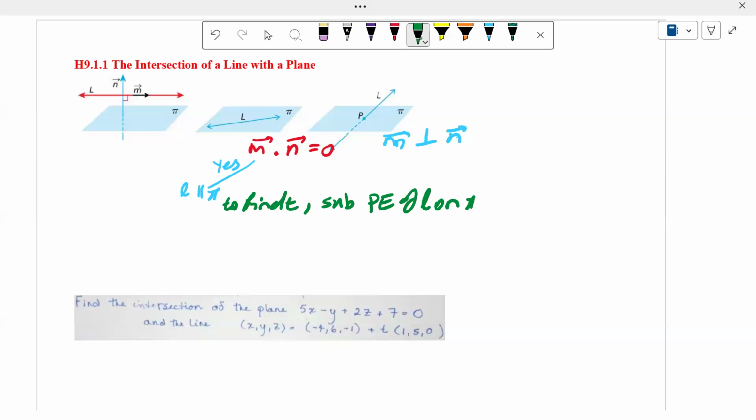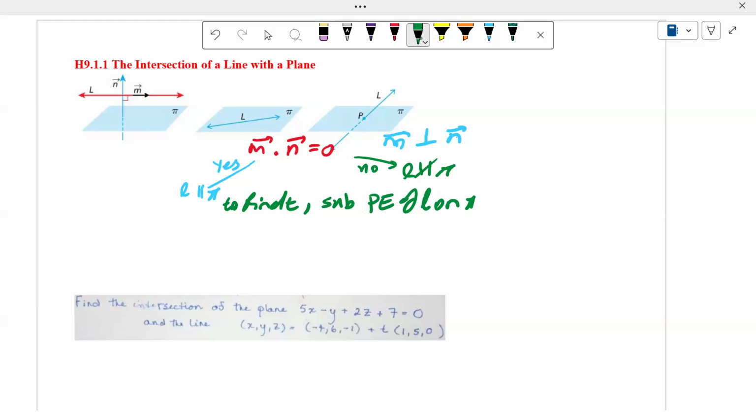All right, what if M times N is not equal to 0? If it's not, then the line and plane are not parallel. Again, you have to find T and substitute the parametric equation of the line into the plane.